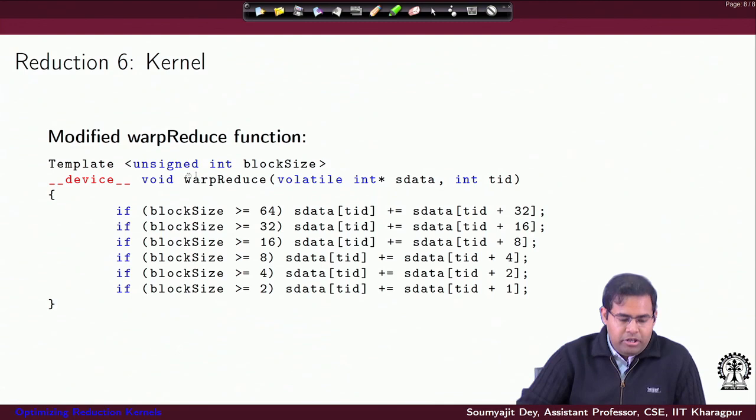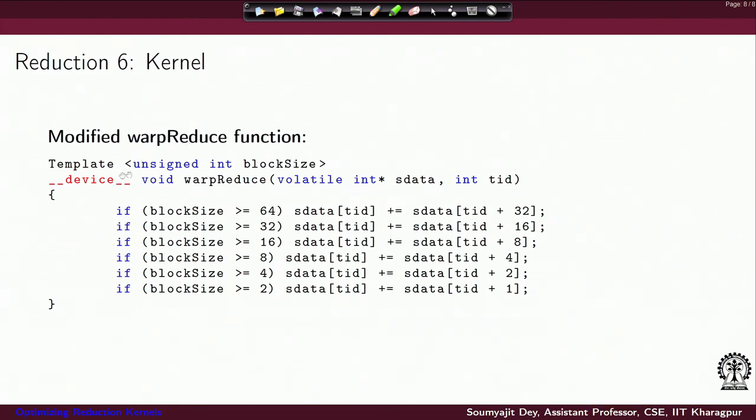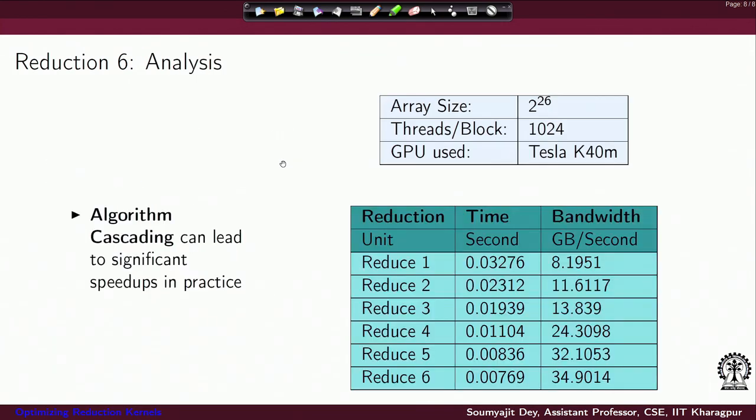This is the corresponding way to write a warp reduce function in template form. It is just the same, but what we are doing is essentially creating different versions of the function for different possible block sizes.